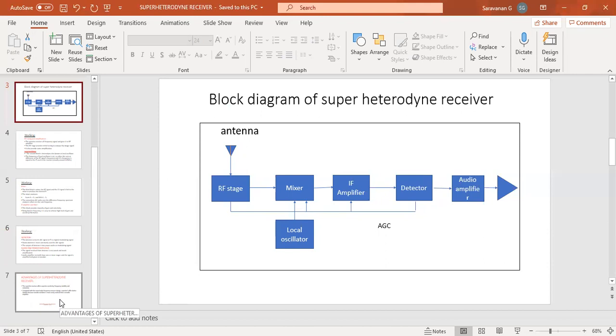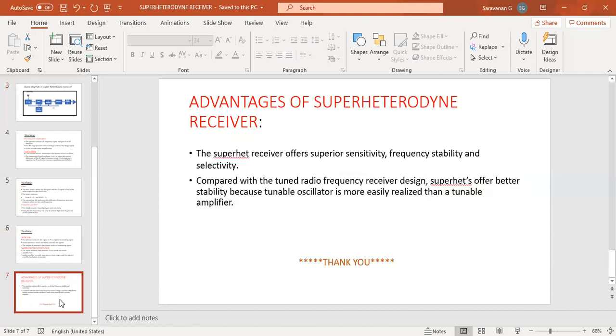And finally, we are going to see some advantages of it. The superheterodyne receiver offers superior sensitivity, stability, as well as selectivity when compared with the tuned radio frequency receiver design.